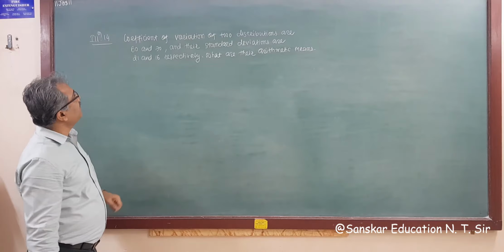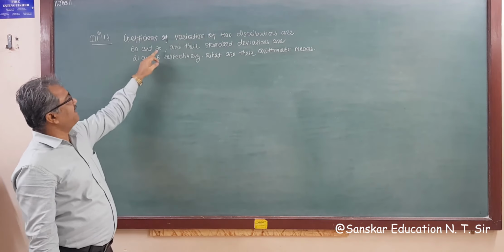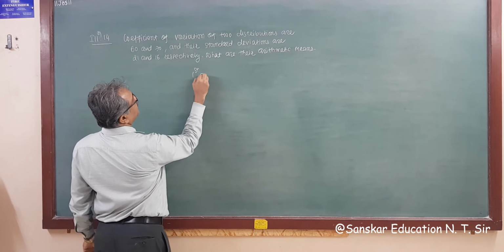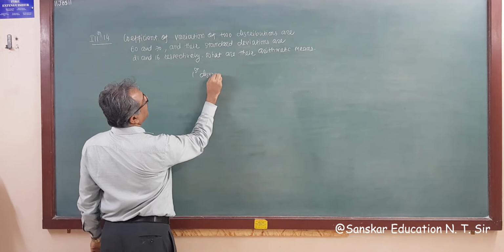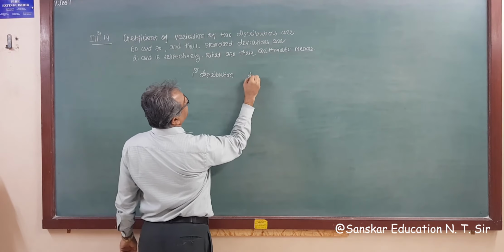Question number 14. Coefficient of variation of two distributions are 60 and 70. So two distributions are given. Suppose this is the first distribution and the second distribution.